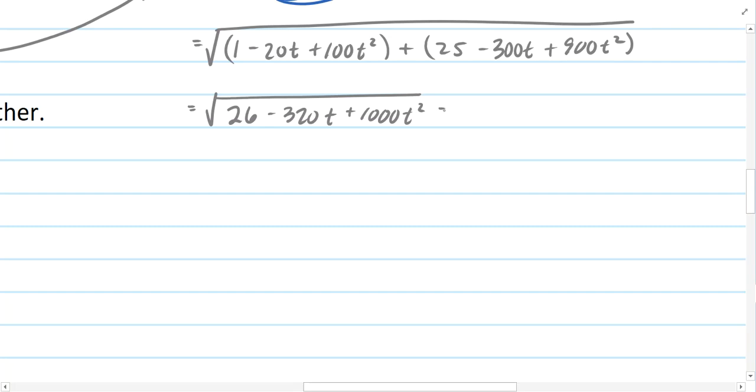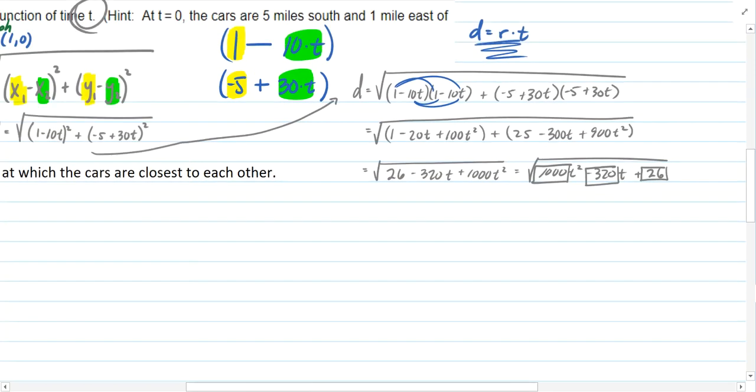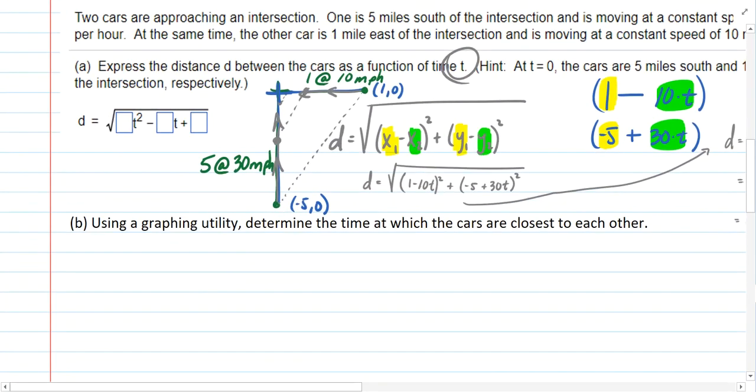And of course, we would reorder this to enter it appropriately into the MathXL text boxes. We would enter 1000t squared minus 320t plus 26, and these three arguments, I believe, are what MathXL would be after here.